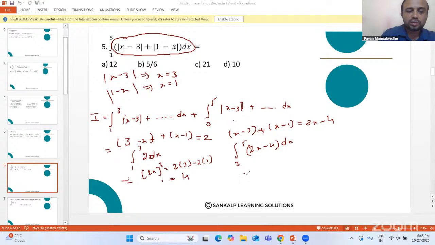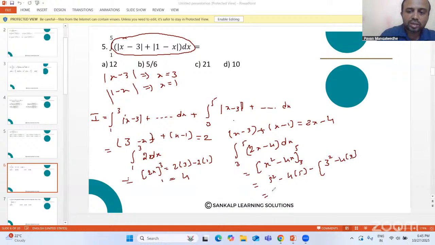For the second, 2x integrates to x square minus 4x, from 3 to 5. So 5 square minus 4 into 5, minus 3 square minus 4 into 3.